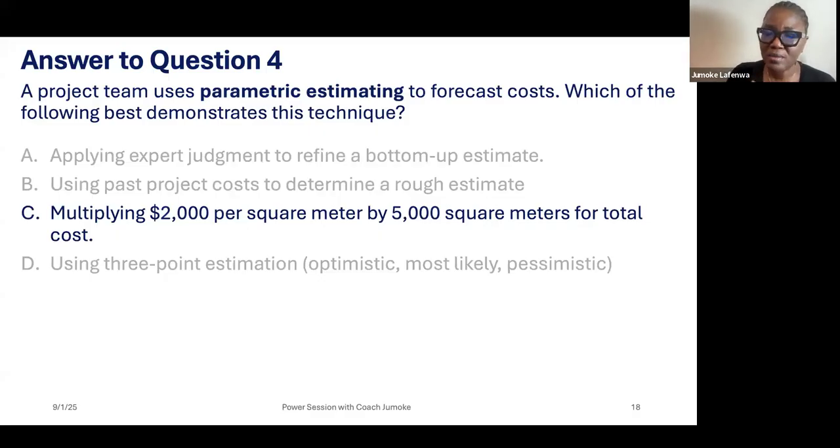So it will be 10 times 4 times 250. What I just explained is parametric estimating, because you have not done due diligence to say we have 10 fat people, 2 slim, and then average size, so the slim people will use 3.5 yards. We have not done anything. We just gave, boom, just as what C did, 2,000 per square meter by 5,000. We give you the total cost.